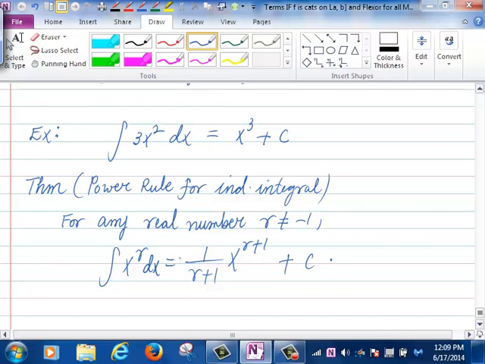So the indefinite integral of x to the r dx is given by this.